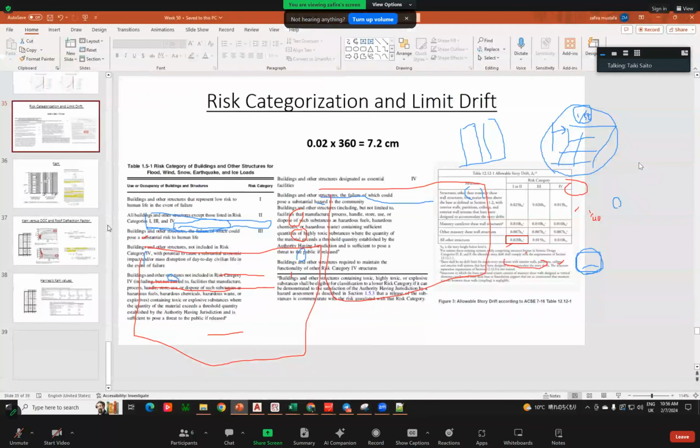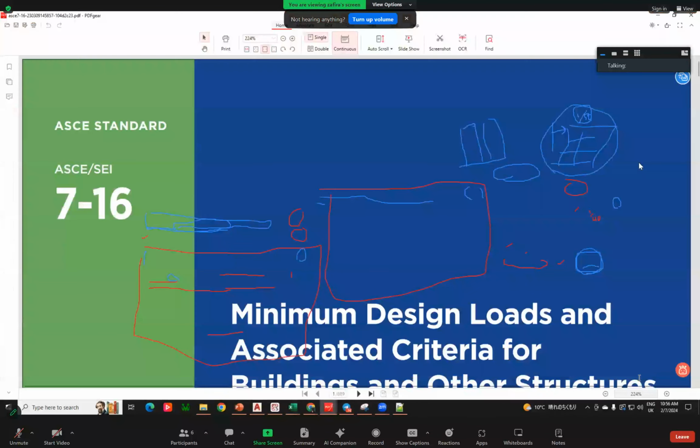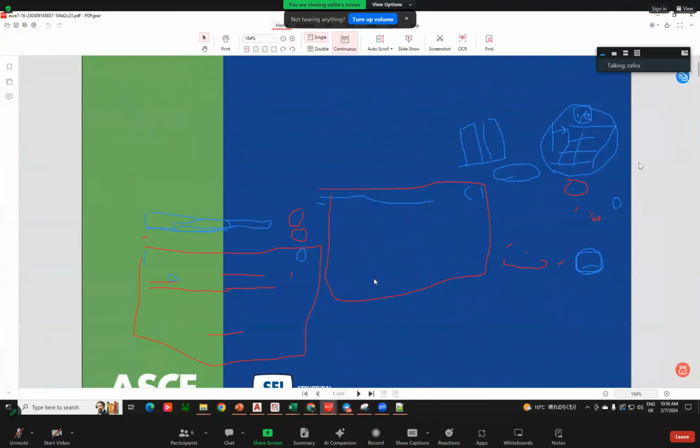I don't know. What is the meaning of allowable? Is it drift under, I mean, the maximum considered earthquake? Or what type of earthquake are they talking about here? Right.